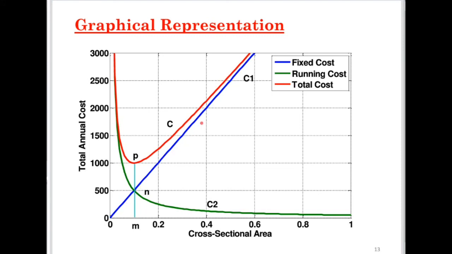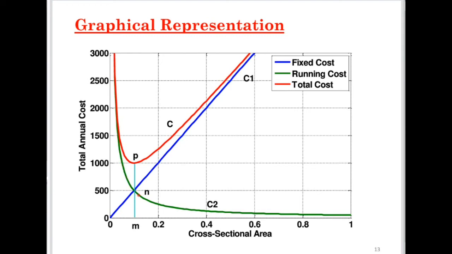The fixed cost will remain in a line all the time because it's directly proportional. As you increase the cross-sectional area, the conductor cost increases, so the fixed charge increases linearly. But if you increase the conductor cross-sectional area, the running cost will decrease. If the conductor cross-sectional area is small, the cost is high.